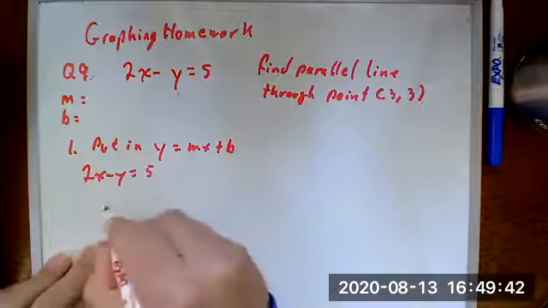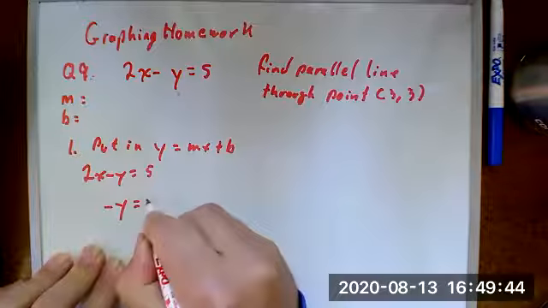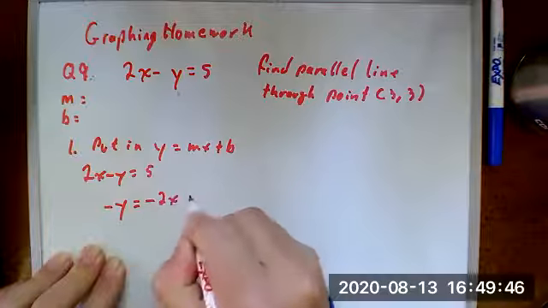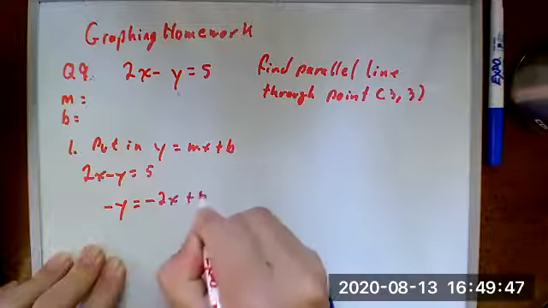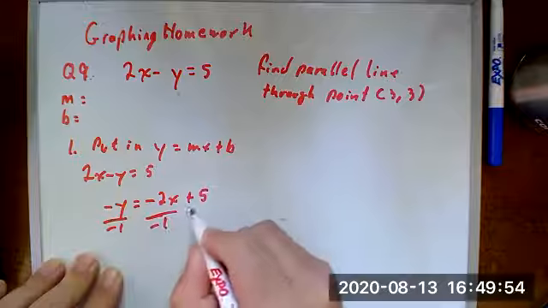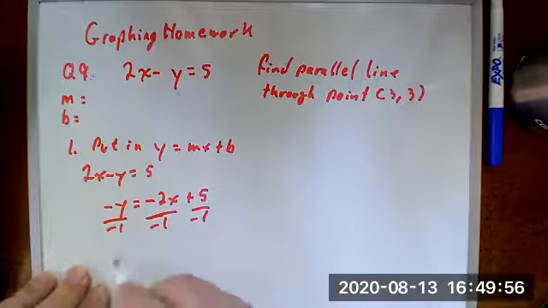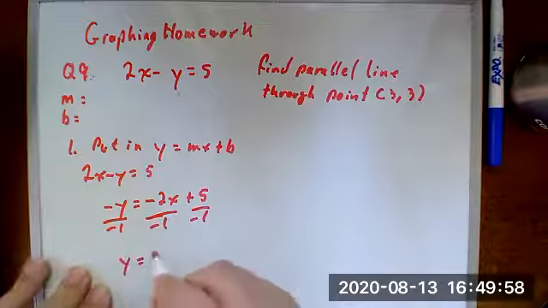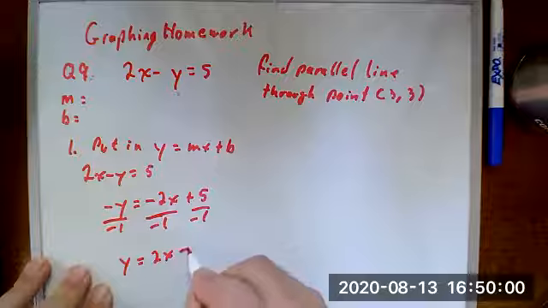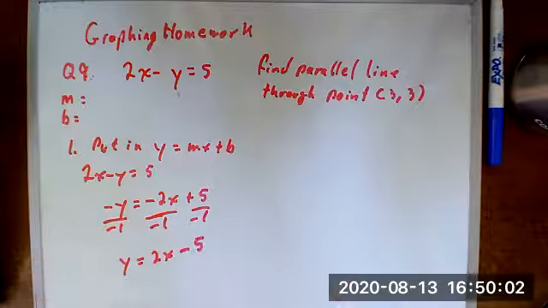The 2x comes to the other side. We have negative y equals negative 2x plus 5. It's negative, so we're going to divide everything by negative 1, which then just gets us y equals 2x minus 5.